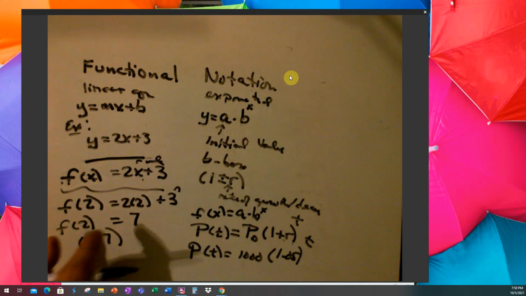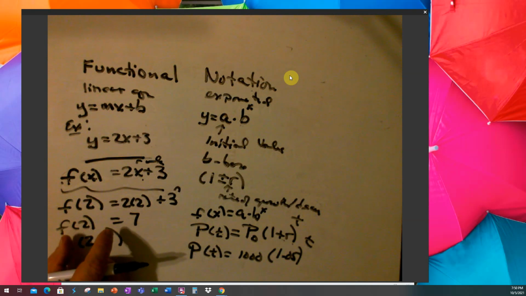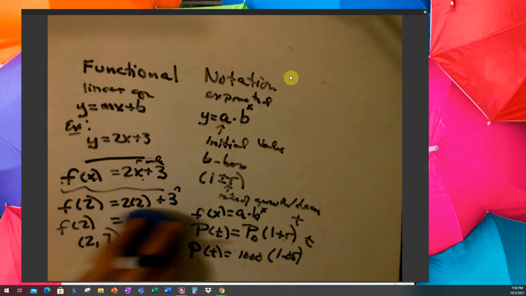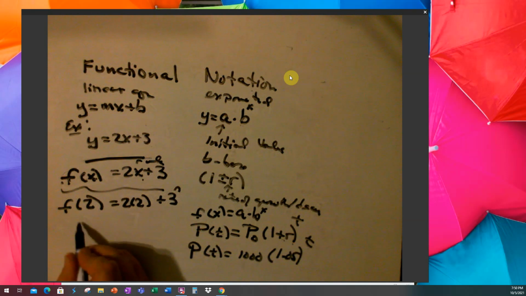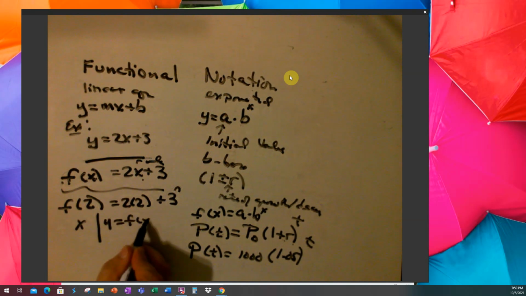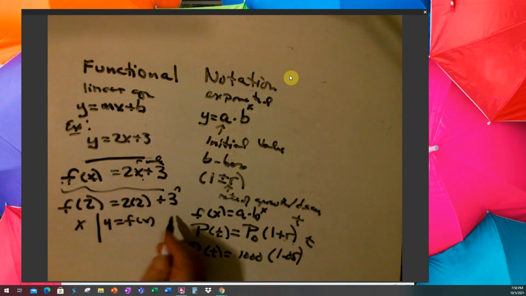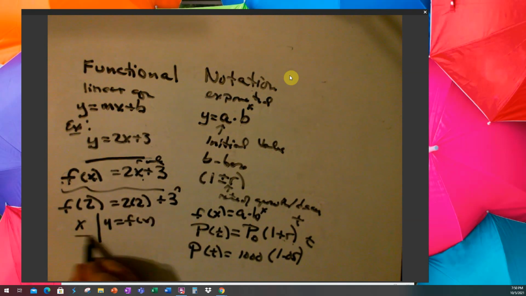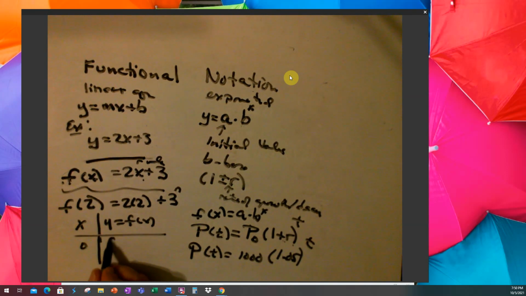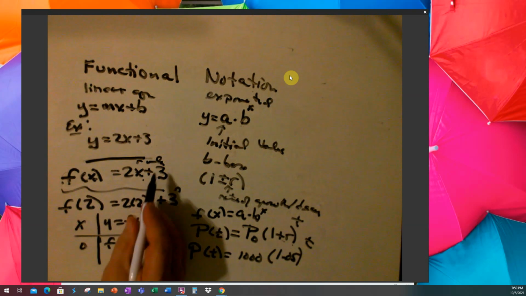Okay, but this is using the functional notation. You could do tables. You could say stuff like, here's x, here's my y value, which is a function of x, and the f of x is whatever your rule is, 2x plus 3 in this case. And then you could do different values of x. F of 0, that would be 3.